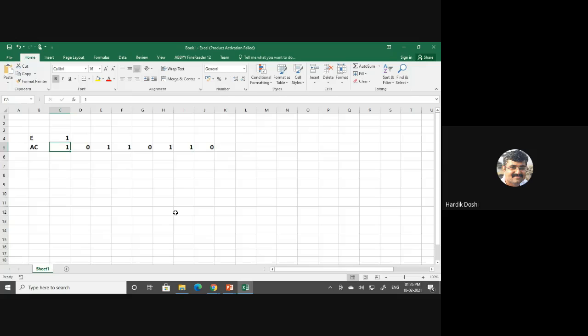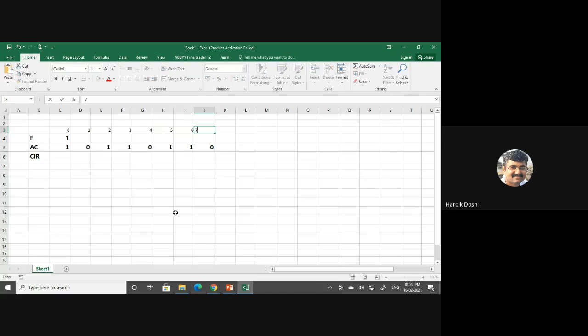And I want to perform circulate right, CIR. What should be my output? Now here, CIR means circulate, shift right, AC and E both. Are you getting my point? That means this is the 0th bit, 1, 2, 3, 4, 5, 6, and 7.